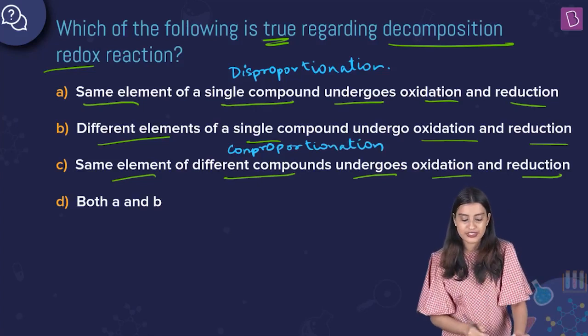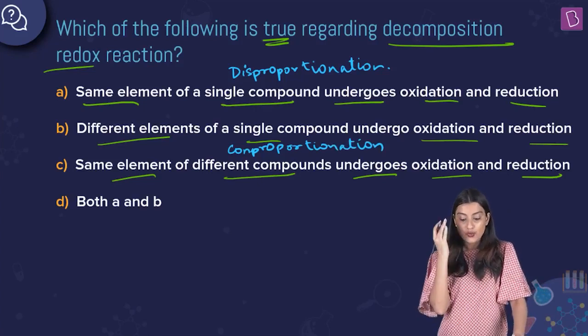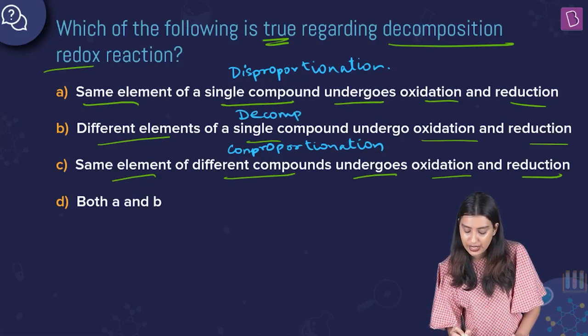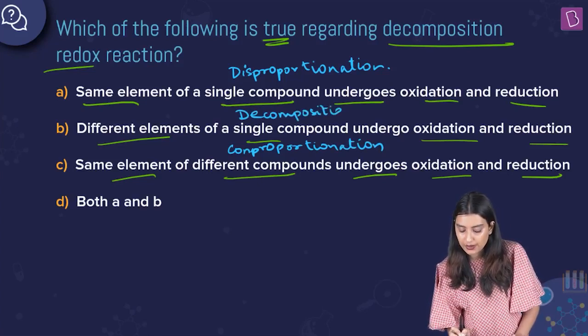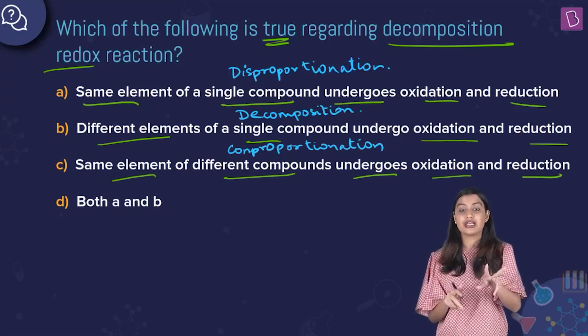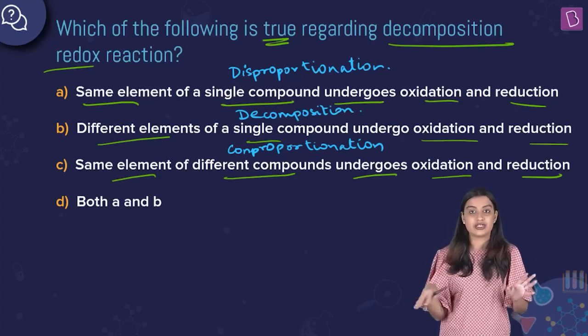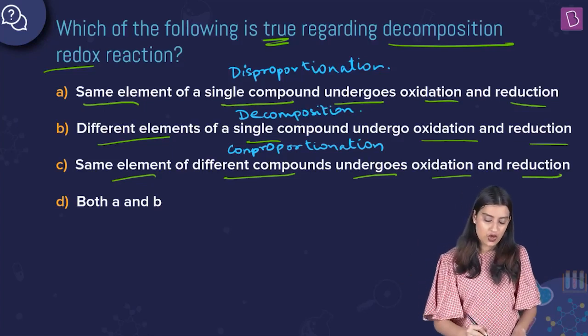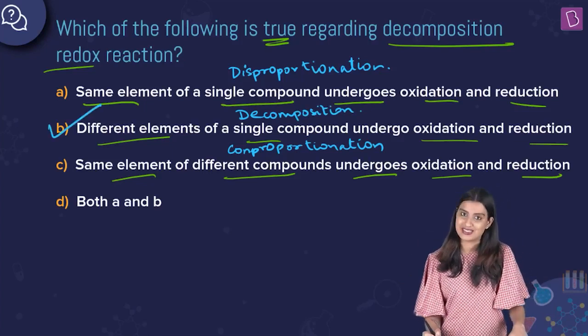So this is comproportionation. Option B is very much decomposition reaction, where you have one single compound in which you have two different elements which undergo oxidation and reduction, and yes, that is decomposition redox reaction. So option B is going to be the right answer to this question.